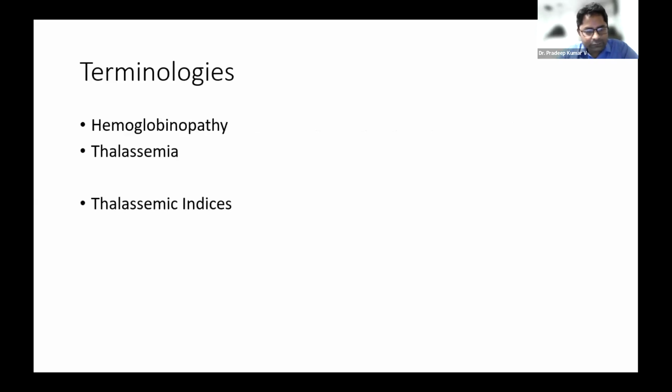Other terminologies which you have to be very familiar with when we are speaking about hemoglobin disorders are what hemoglobinopathy is, what thalassemia is, both of which are very interconnected, and what exactly the red cell indices are when we call them thalassemic indices.